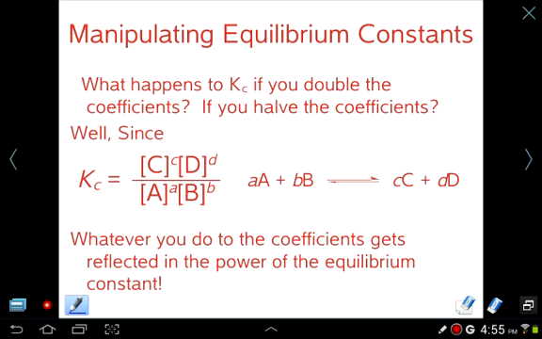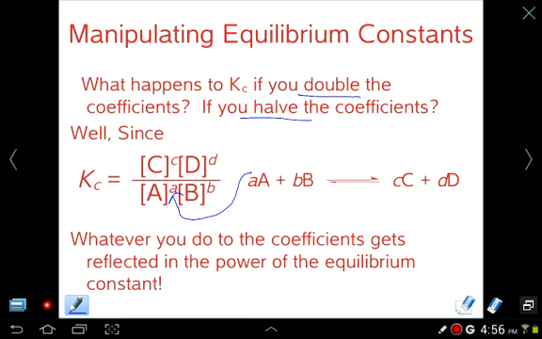How about if we do something to the coefficients? So here we ask if you double the coefficients or if you halve the coefficients. Recall that coefficients go into the power. So this coefficient went into the power. So what you're doing effectively is you're changing the powers.